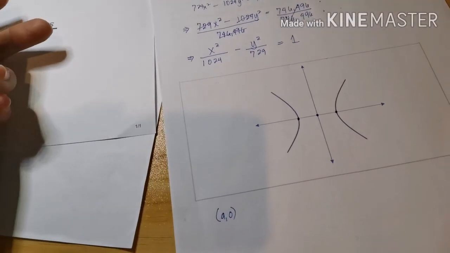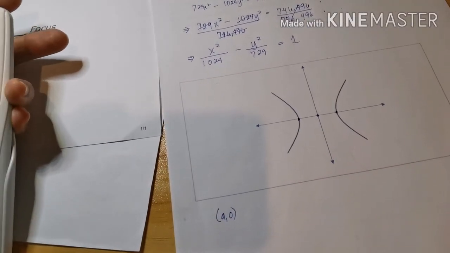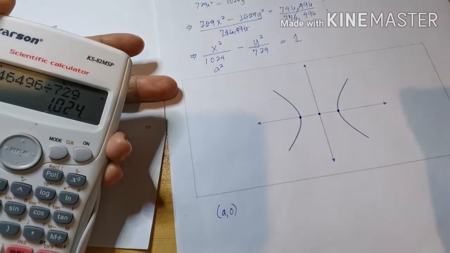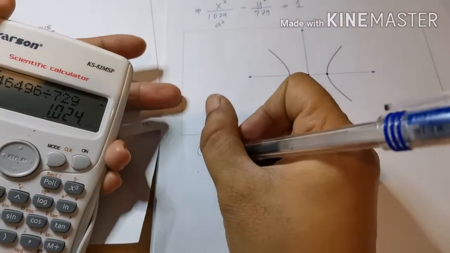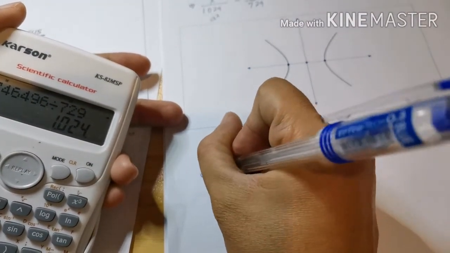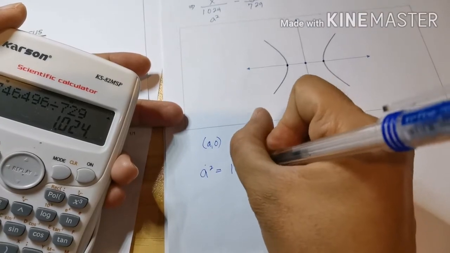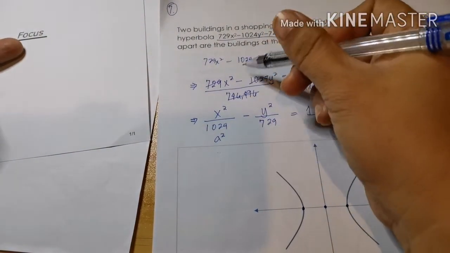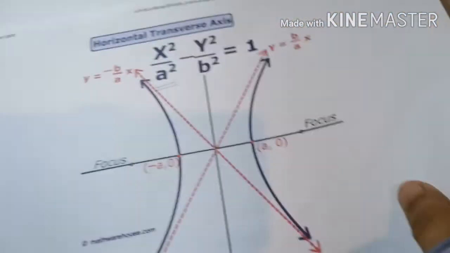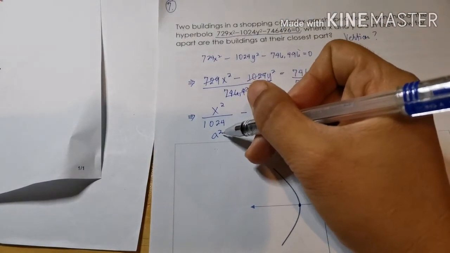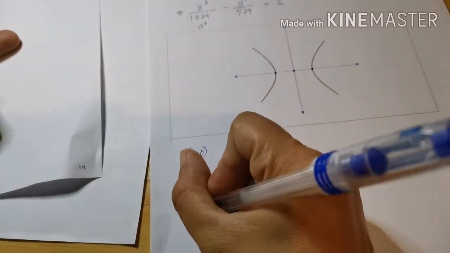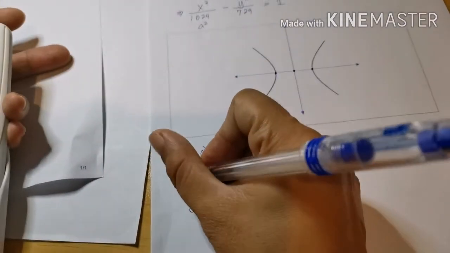So, do we already have a value for a? Wala pa. Kasi yun ay value ng a squared. So, ang ating a squared ay equal to 1,024, kasi siya yung nasa ilalim ng x natin. Okay? And then, x squared over a squared. So, to get the value of a, i-extract natin siya.